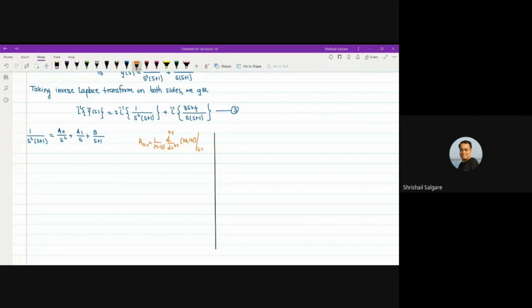At s is equal to, what is the point? Zero, right? And in this case, who will tell, what is N1 of s?